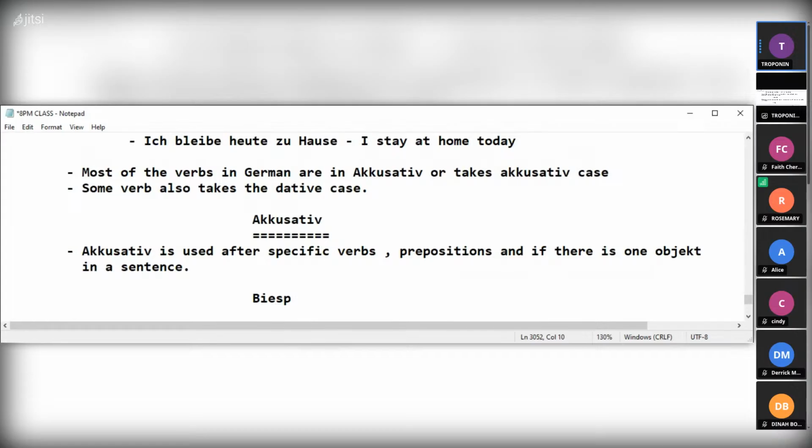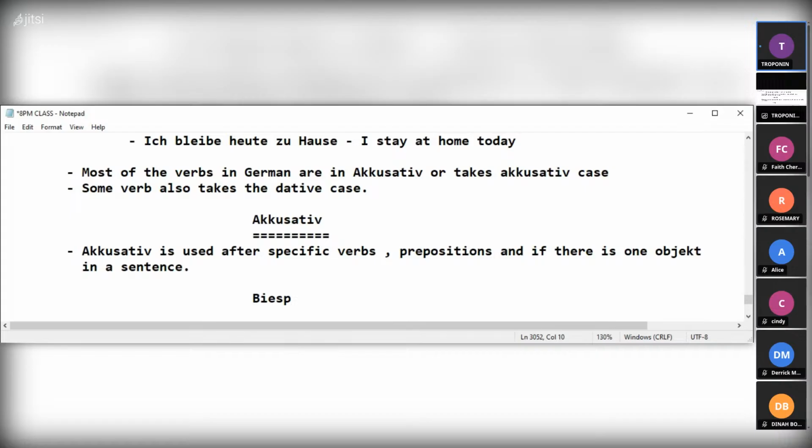So what does the child see? Das Kind is nominative. Sieht is a verb. Einen Hund is an object. Only one object.